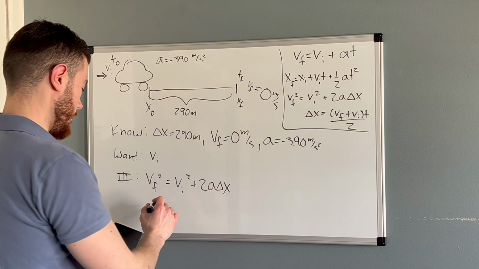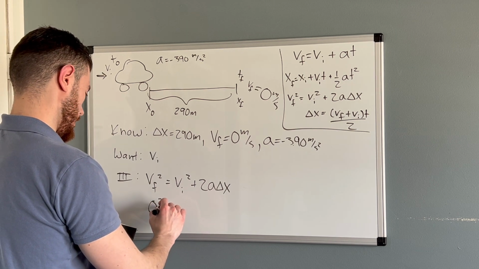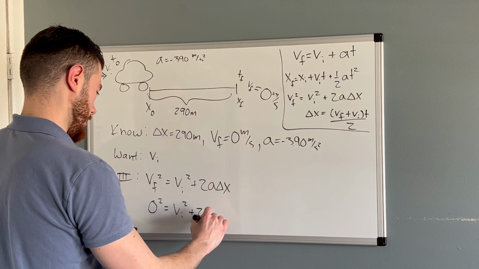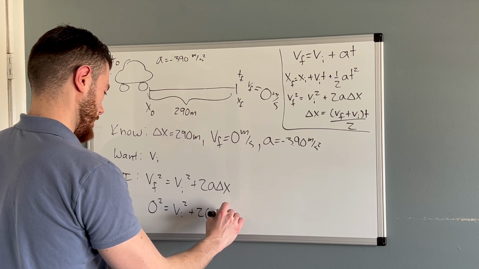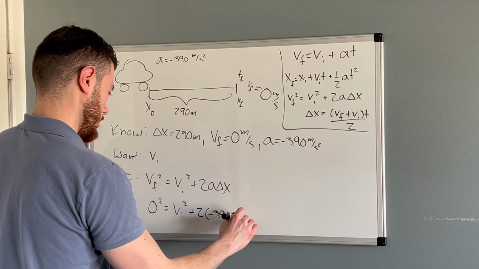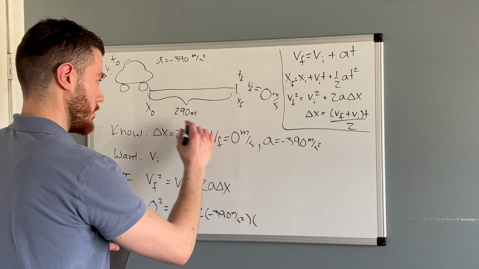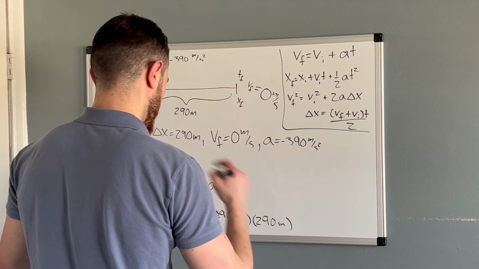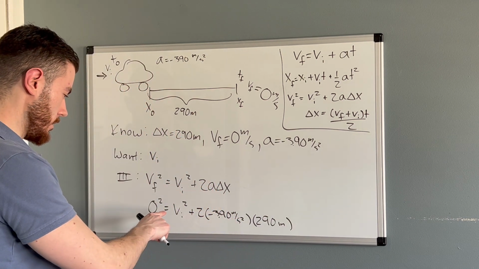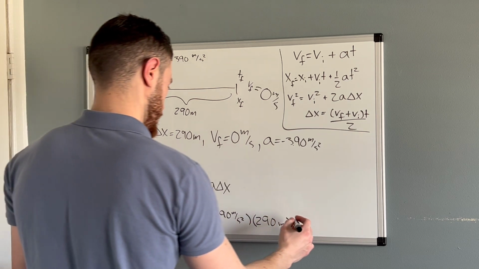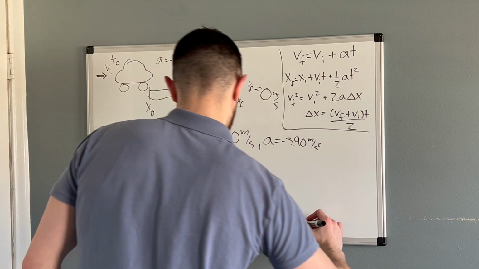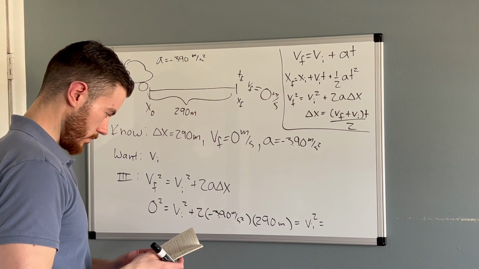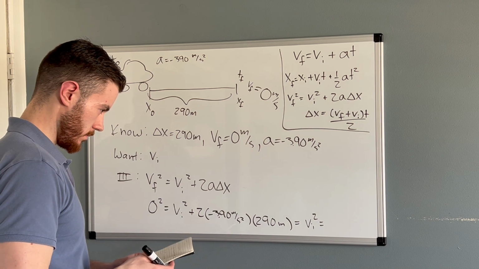Vf, we know what Vf is. It's 0 squared equals our unknown Vi squared plus 2 times negative 3.90 meters per second squared times 290 meters.